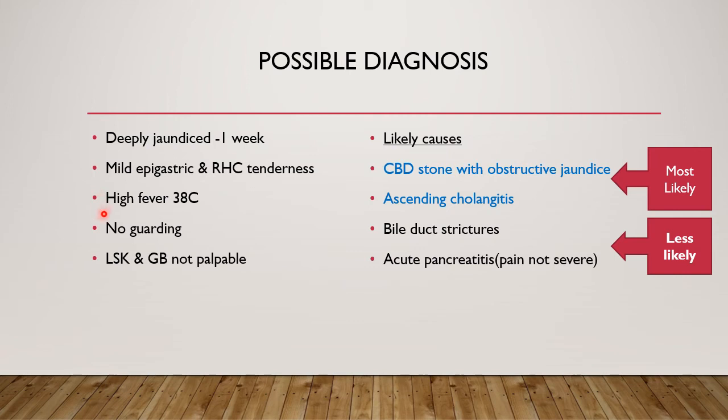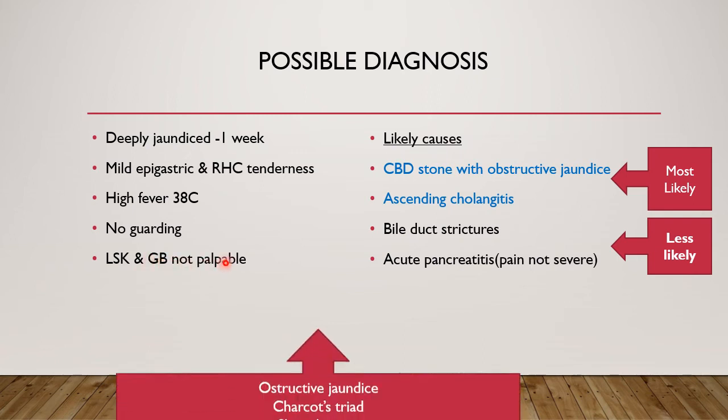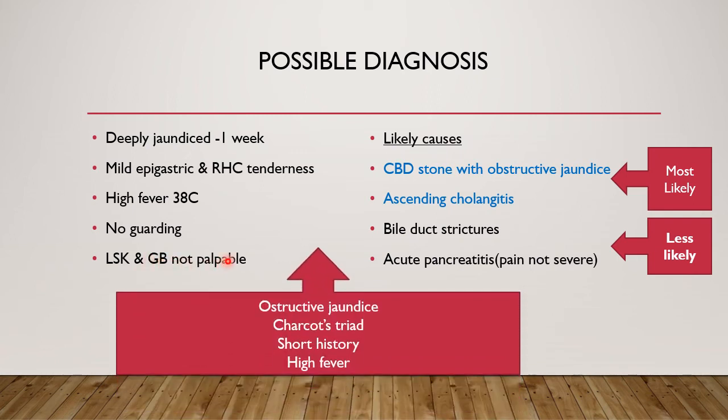obstruction. The negative sign is there's no guarding, which indicates that there's no severe inflammation of the gallbladder, and also the absence of organomegaly, especially gallbladder, is against a diagnosis of a tumor obstructing the bile ducts.